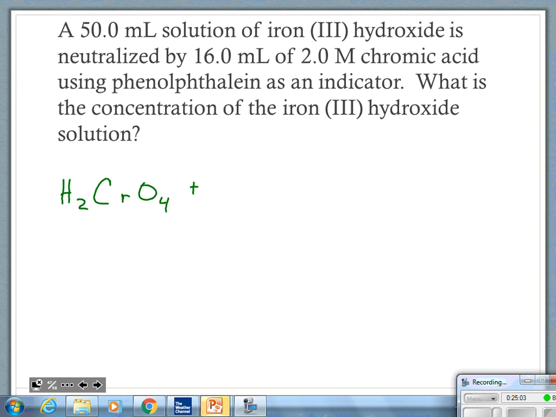Iron 3 hydroxide, Fe(OH)3. I'm going to do my double replacement. So I'm going to get iron 3 chromate, which is Fe2(CrO4)3, and water.